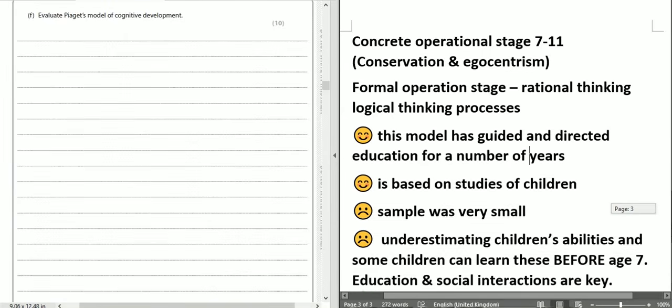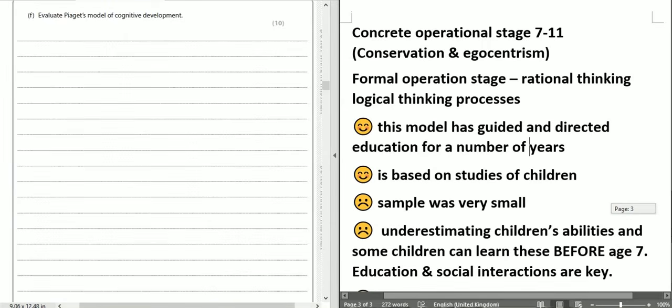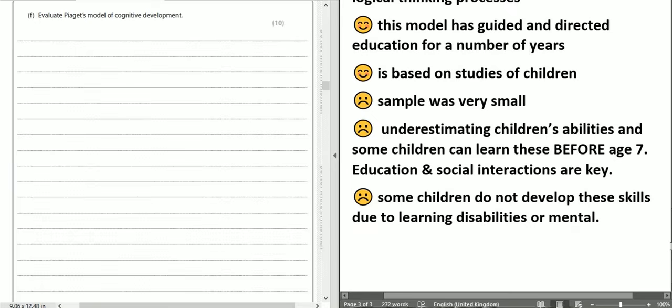Then we move into concrete operational and formal operational. And then again, the strengths is that it's guided education. It is based on studies of children. However, small sample, underestimates abilities, and doesn't consider learning disabilities within his work. So again, some pros and cons that you could say about Piaget.